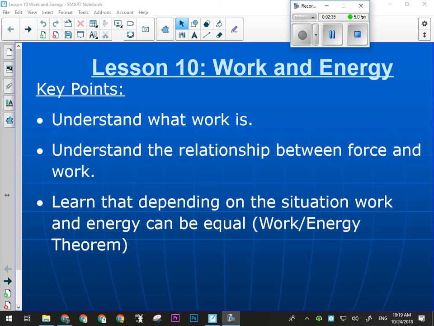If I do work, I am changing the energy of something, which is why we often write work as a change in mechanical energy. Now, quick review. Mechanical energy is the sum of an object or system's kinetic and potential energy. So when I do work, I could change both types of energy, kinetic and potential.